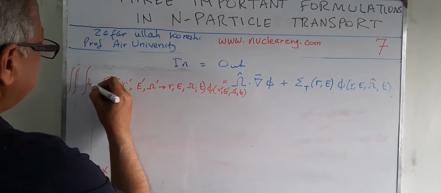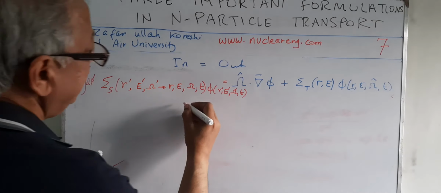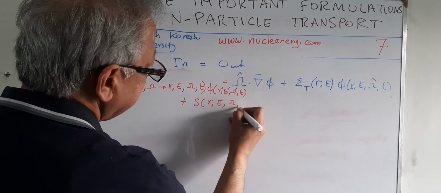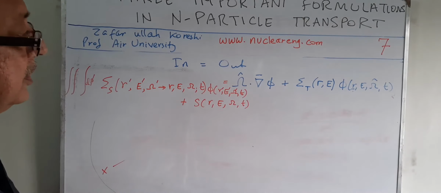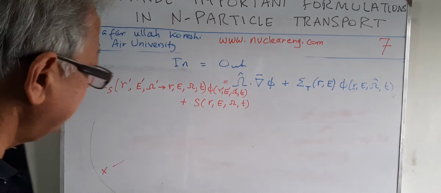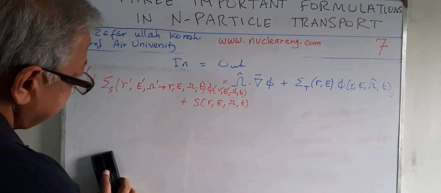Okay, so let me say the d p prime, phase space p prime, plus whatever source you have in the phase space of interest. So this becomes your neutron transport equation in very simple, straightforward terms.